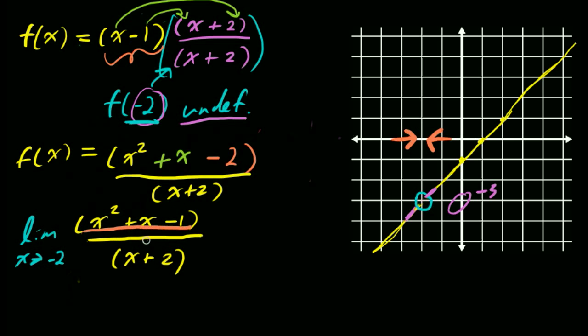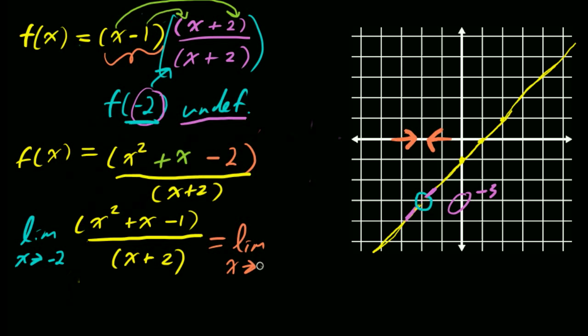I'll go through some really specific ways of how you would do that in the future. For right now, let's just say that this is going to be equal to the limit, and I'm just going to factor these terms out real quick.